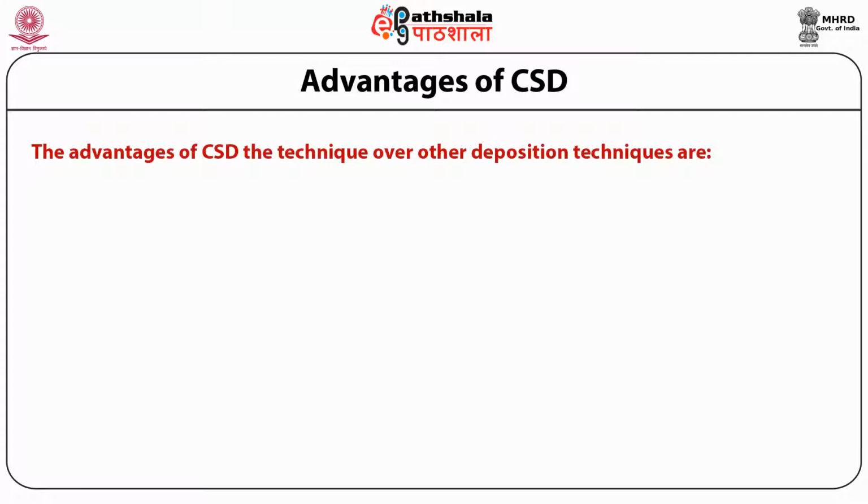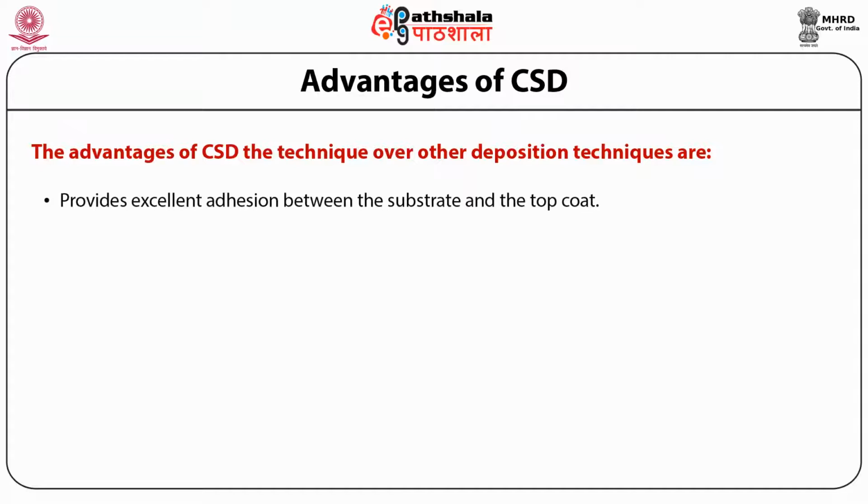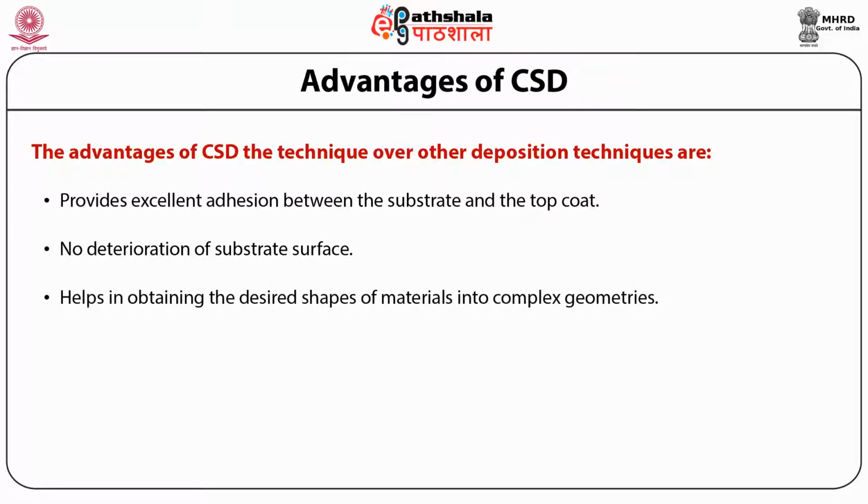The advantages of the CSD technique over other deposition techniques are: number one, the CSD technique provides excellent adhesion between the substrate and the top coat. Secondly, there is no deterioration of the substrate surface. Number three, it helps in obtaining the desired shapes of materials into complex geometries.